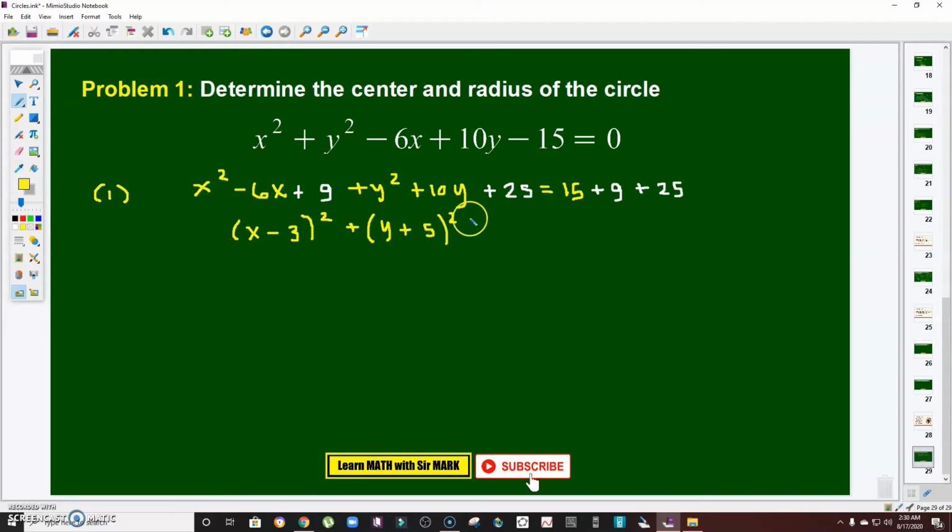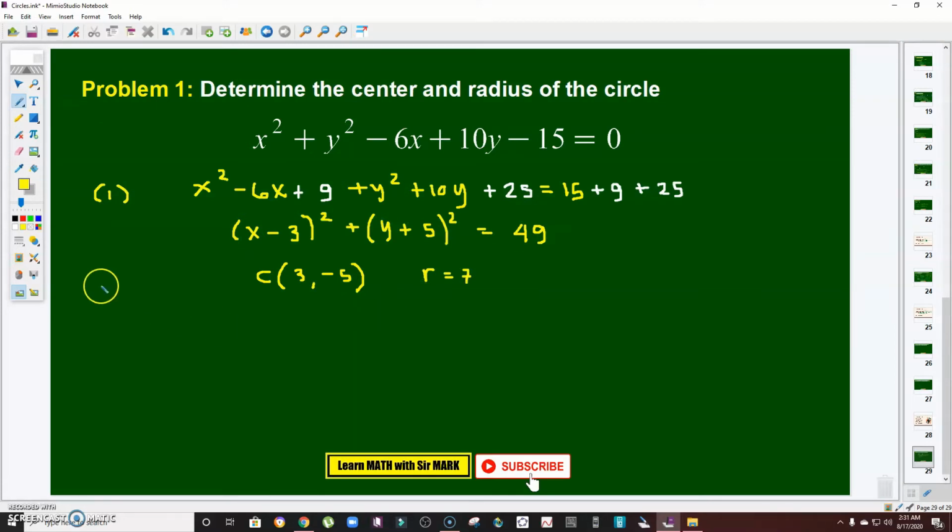So y plus 5 squared equals 15 plus 25 is 40, plus 9. So our r squared is 49. Therefore, for the center of the circle, all you have to do is reverse the sign. So the center is (3, negative 5). While for the radius, all I have to do is get the square root of 49, and that is 7.